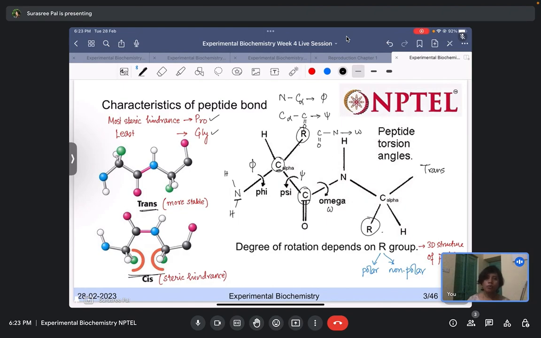And if it is a non-polar group, then the rotation of the R group will be towards the interior of the protein molecule, because it will not try to face the hydrophilic medium. So it will try to remain in the hydrophobic interior of the protein. So this degree of rotation of the R group also determines the 3D structure of the protein. This is very important, because the 3D structure of the protein has to be such that the protein can function.